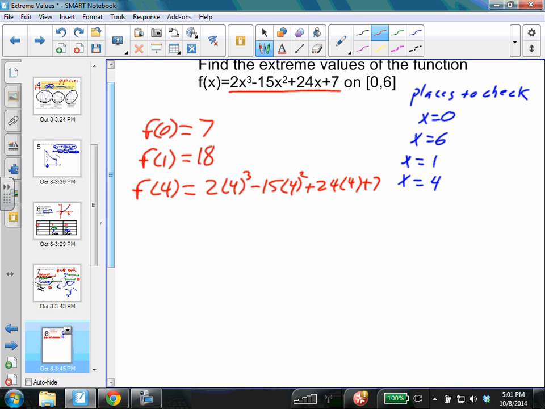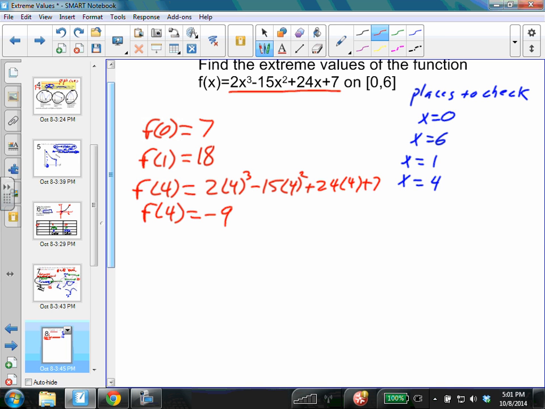And for this one, f of 4, I got negative 9. Let me just do some calculations to make sure I didn't make a mistake. Okay, it looks good. So f of 4 is negative 9.